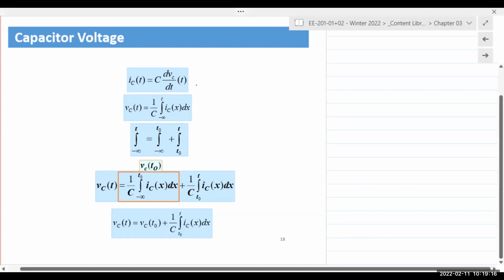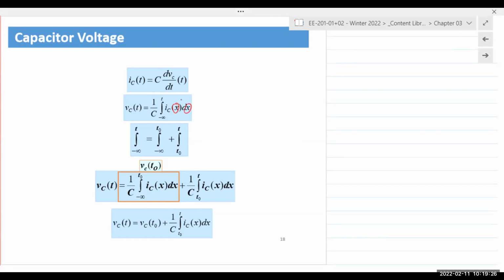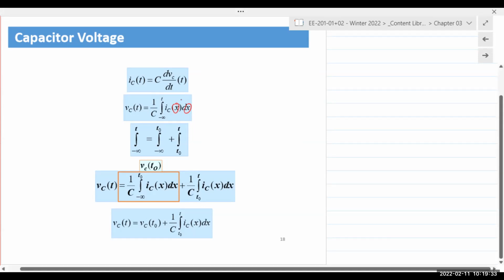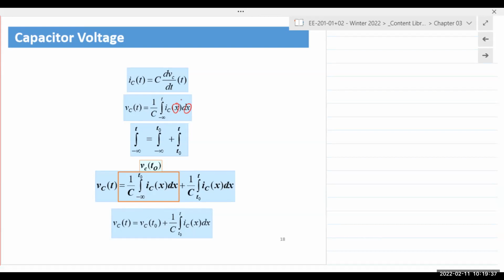So let's take a look. First thing, the x simply represents the t, okay? I know it gets confusing to some students. I'll probably change it after the quarter, but that x is simply the variable. Remember how in the inductor I said if you have t and t, you have the variable also as t, and you have the limits of the integral also as t.